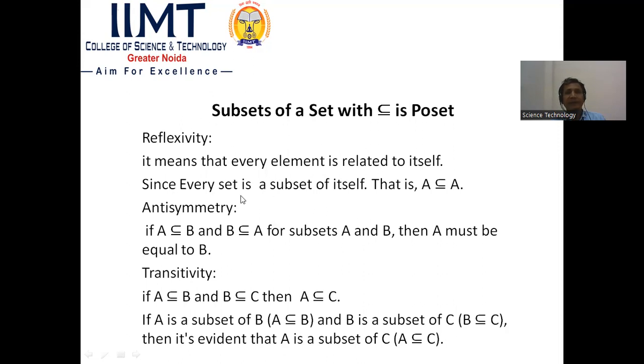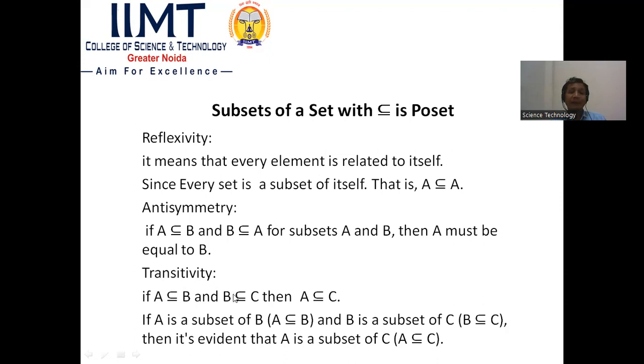Here it is written every set is subset of itself. So reflexive property is fulfilled. Moreover, by the set equality, we know that if A is subset of B and B is subset of A, then these two sets A and B must be equal.